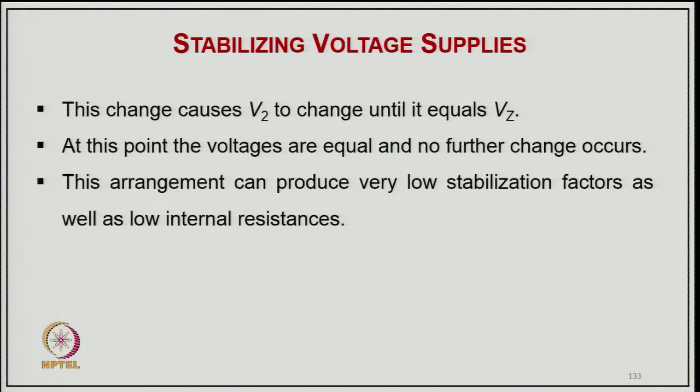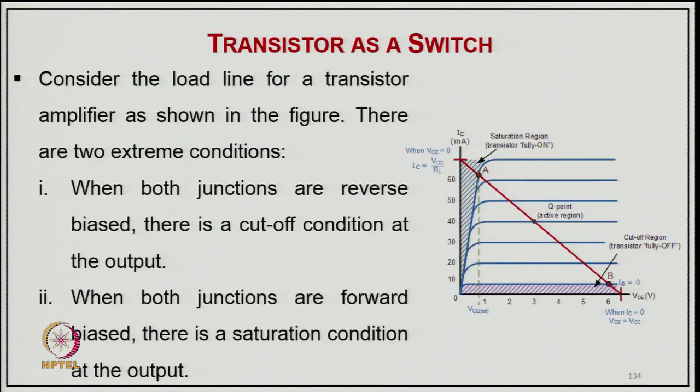This makes V2 change until it equals VZ, and at this point the voltages are equal and no further change occurs. This arrangement can produce a very low stabilization factor as well as a low internal resistance.